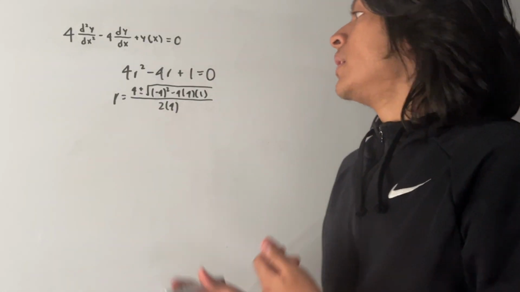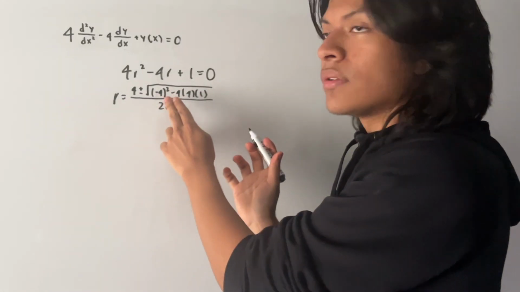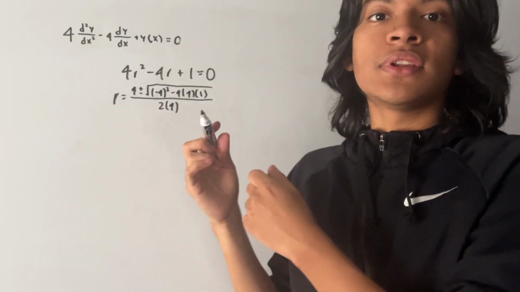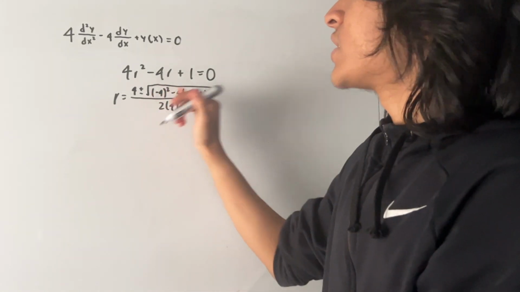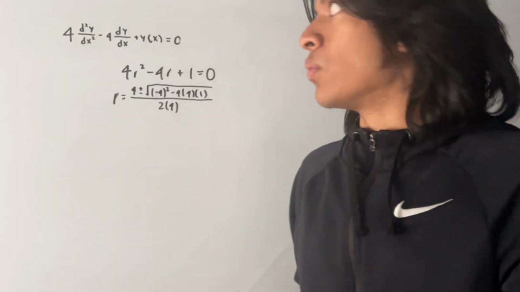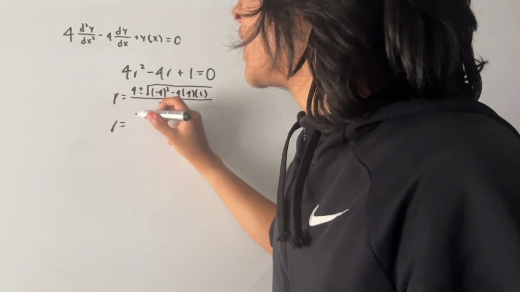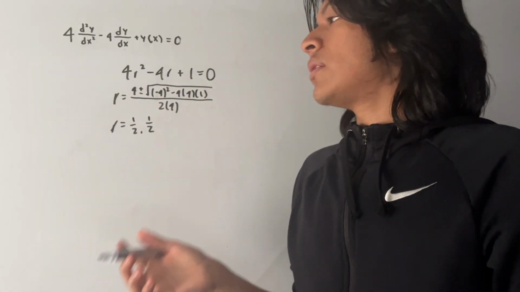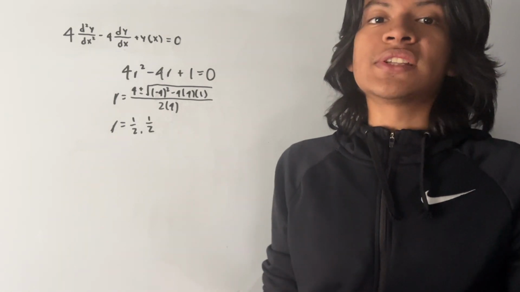Notice how on the inside, negative 4 squared is 16, minus 4 times 4, which is also 16. So the square root turns into a 0, and r becomes a double root. So r takes on the values 1/2 and 1/2. r1 and r2 in this case are the same.